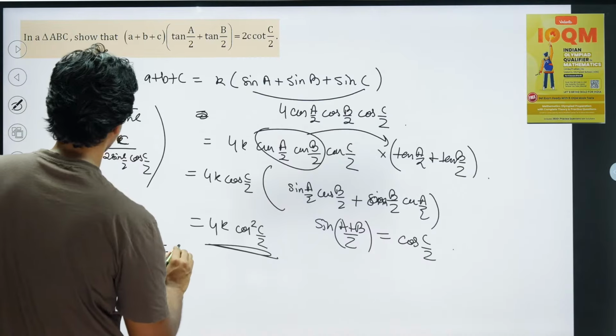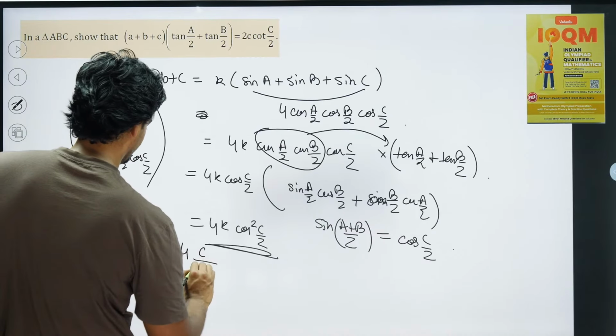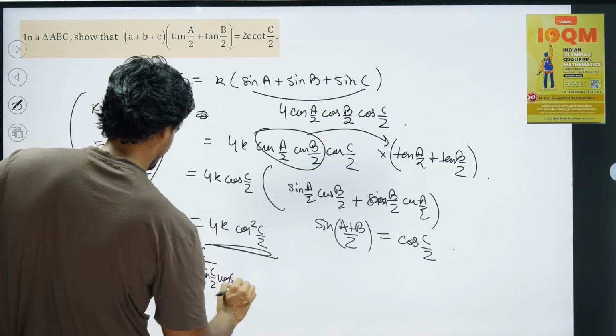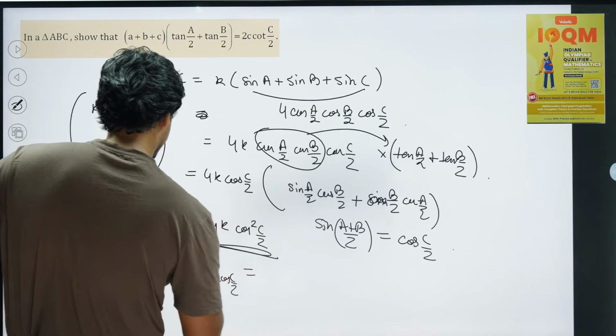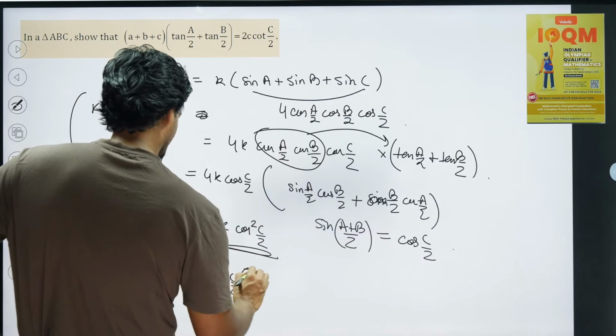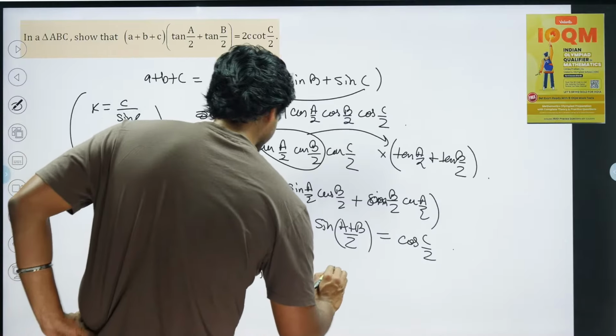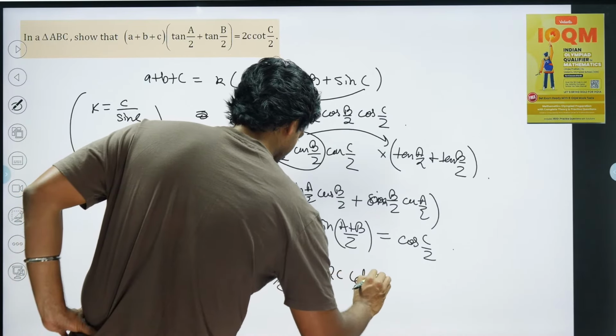So I can write this as 4 into c by 2 sin C/2 cos C/2, and into cos² C/2. So one cos gets cancelled and this becomes 2c cot C/2.